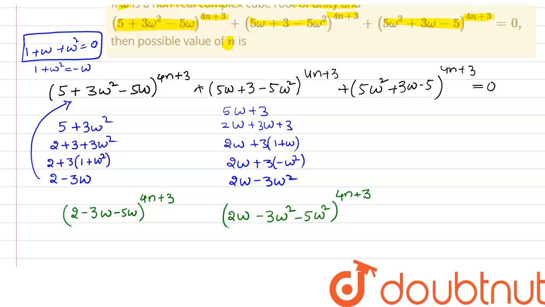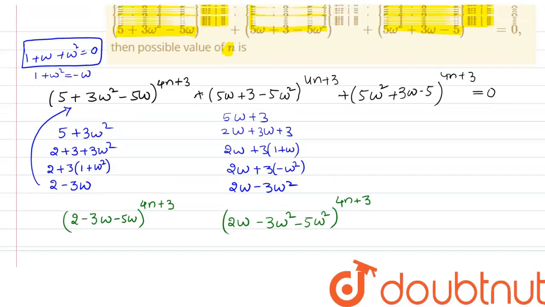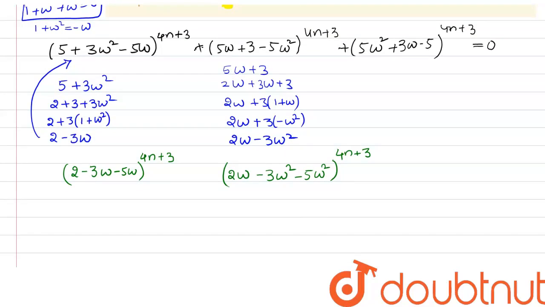Let us do a similar simplification on the other side. Now let us see our third term. For our third term, let us take 5 omega square + 3 omega. We get 2 omega square + 3 omega square + 3 omega, which we can simplify further.